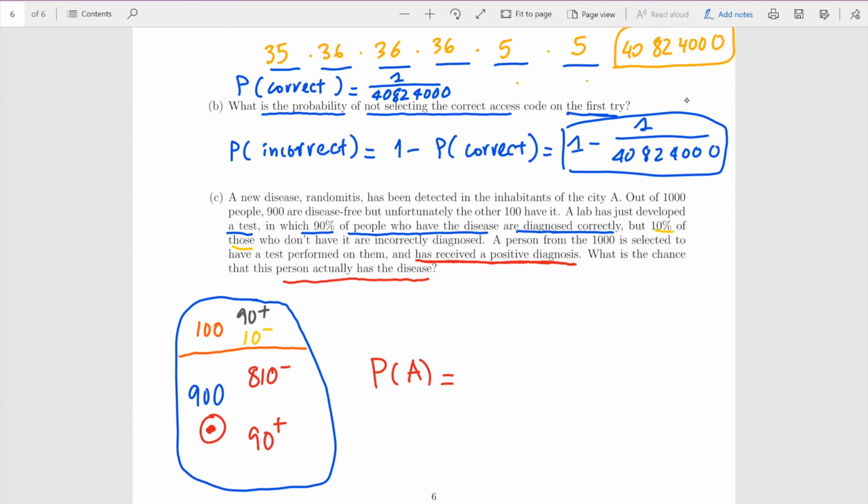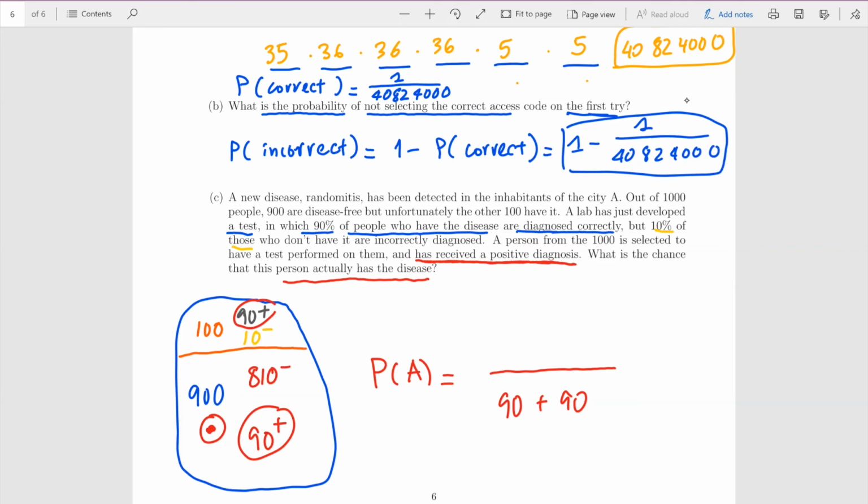So talking about the probability in this event, you have to find the total possible outcomes. We narrow down to the population who receive a positive diagnosis. The positive diagnoses are 90 people here and 90 people here. So 90 plus 90 is the total possible outcomes for people who get a positive test.